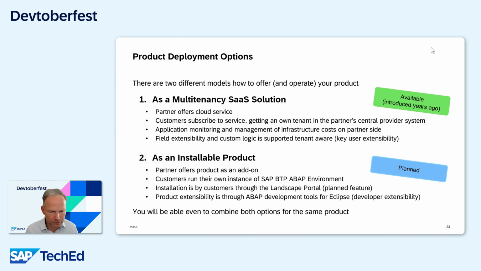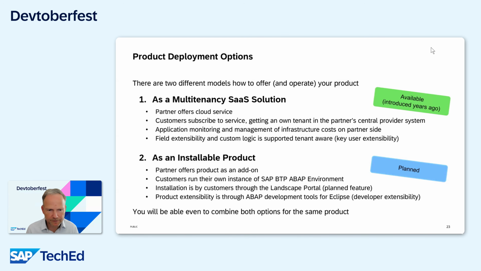In this scenario, because the software is available in the customer system and the customer has, of course, ADT access to his own system, this product can be extended by the RAP extensibility using ADT. We call this developer extensibility. And this is, of course, also a very powerful extensibility option.